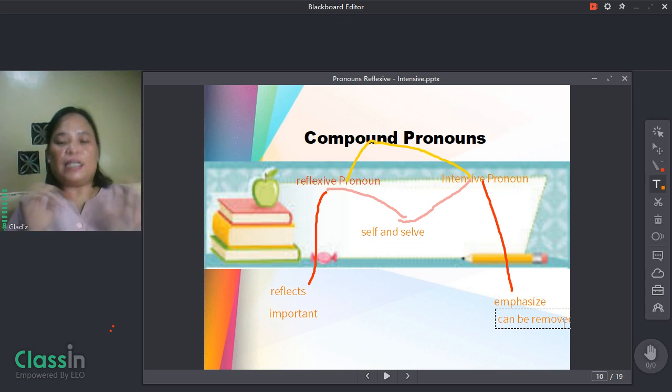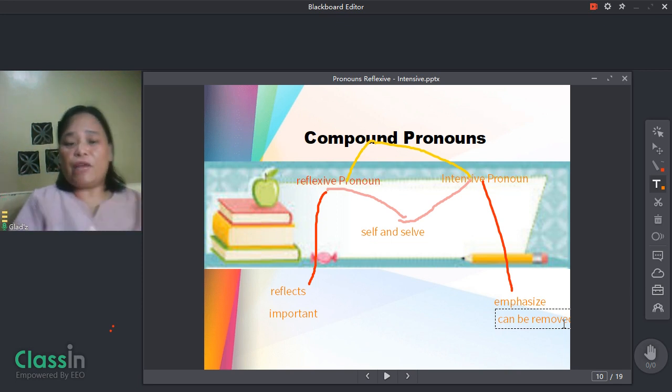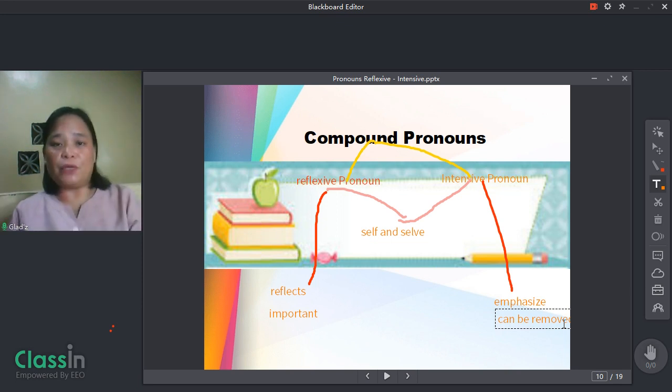It can be removed in the sentence. So did you get it, class? The difference between a reflexive and intensive pronoun. Do you have any questions or clarifications? I hope that you grasp fully what we had discussed.